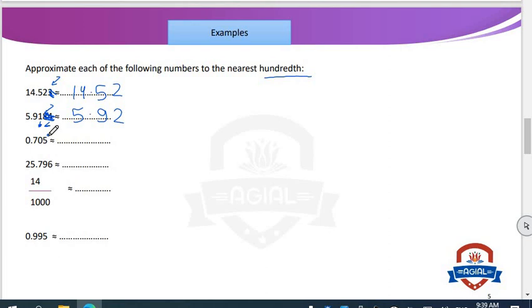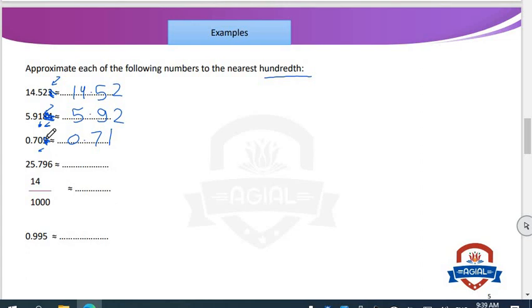Okay, we have strong numbers 5, 6, 7, 8, 9. So we will increase 1, add the number in hundredths place. So 0 become what? Who can say? Super, become 1. So the result will be 0.71 and remove this digit.